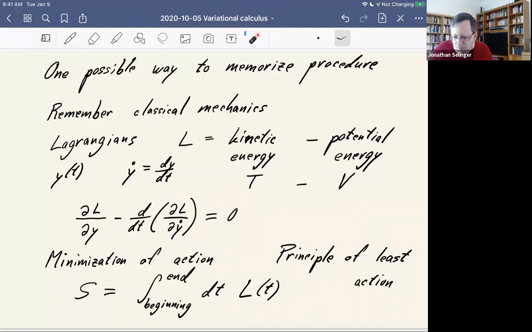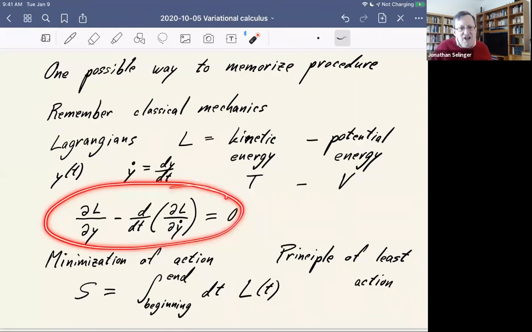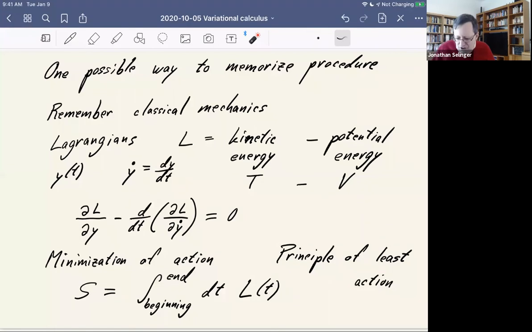So for students who are learning variational calculus, if they want to memorize something, they might memorize an equation like this and say, oh, I know what to do. I'll take the derivative of the thing I want to minimize with respect to the function in question and subtract off this other combination of derivatives, and that gives the Euler-Lagrange equation automatically.